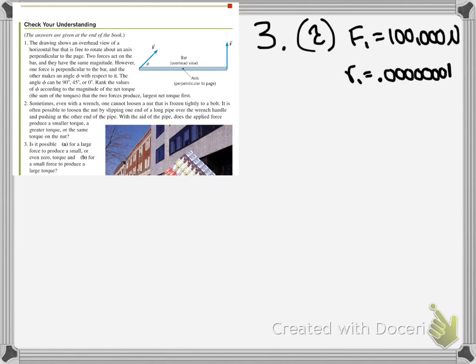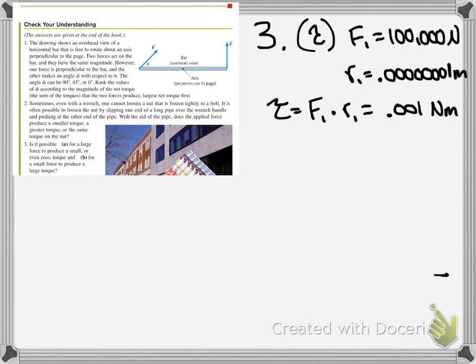You know that your torque is F times R. If you multiply those two values, you get 0.001 Newton meters. So yes, it is possible to have a massive force and a small torque. That can only happen if your radius is small though.